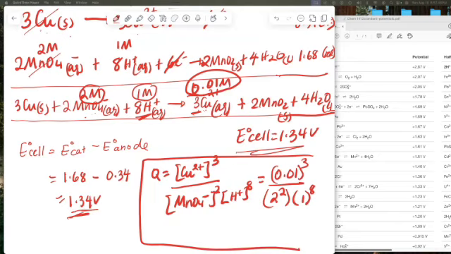So we have 0.01 cubed. Okay, so Q is equal to 1 times 10 to the power negative 6, divided by 4, right? Divided by 4.